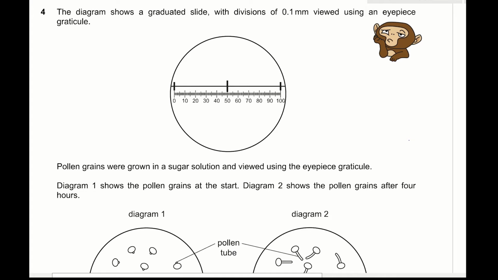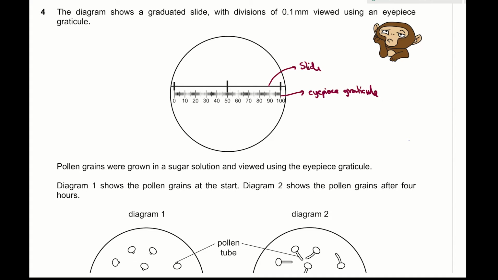Number 4. The diagram shows a graduated slide with divisions of 0.1 millimeters viewed using an eyepiece graticule. Now, let's first start with this part. Let's label them. So this is the graduated slide, and this scale divided into 100 divisions is the eyepiece graticule.